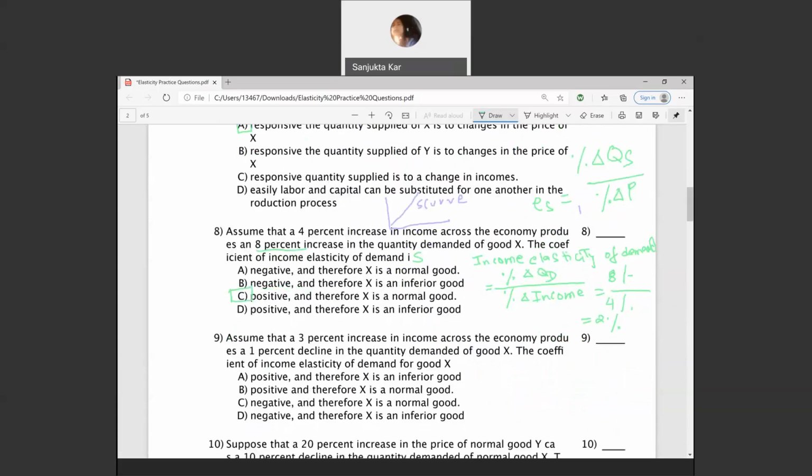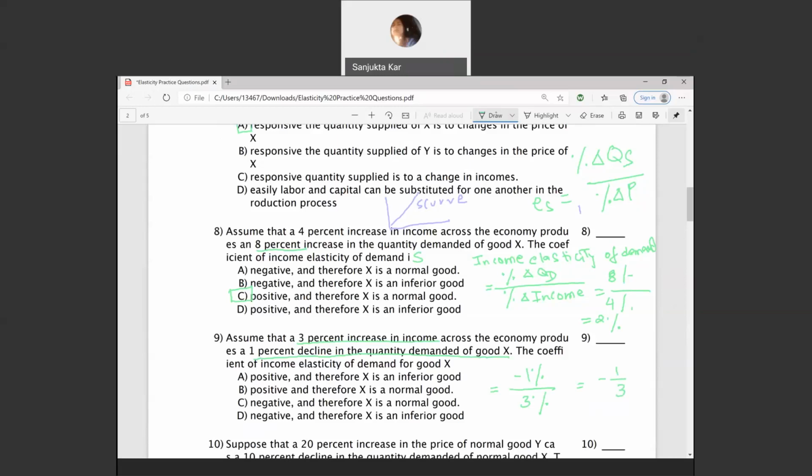All right, question number 9. I'm just going to write down the numbers for the income elasticity of demand. There is a 3% increase in income and 1% decrease in quantity demanded of good X. So this is negative 1% over 3%. So this whole value is negative 1 over 3.